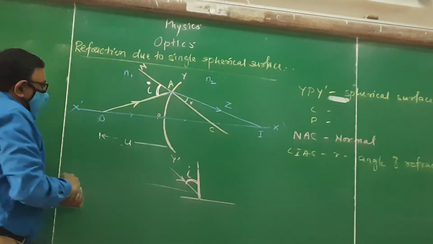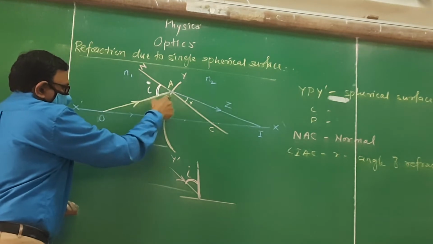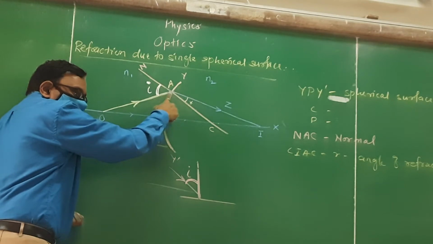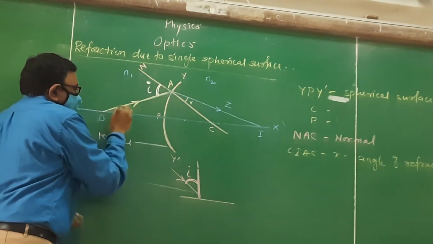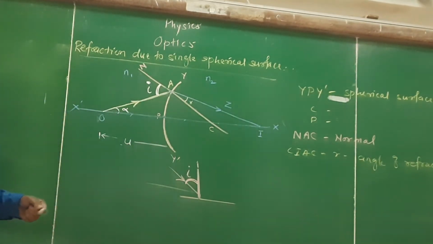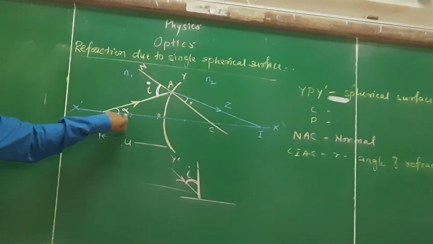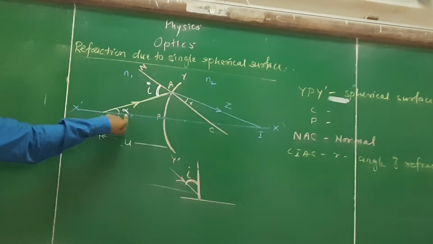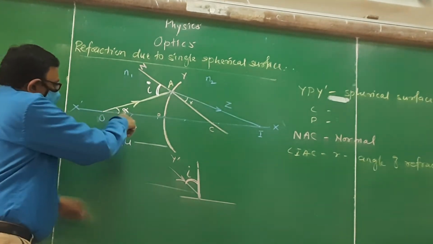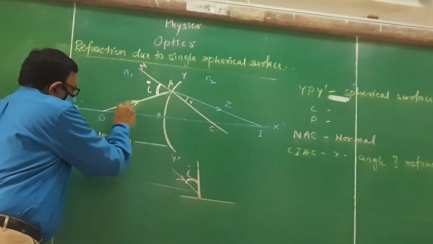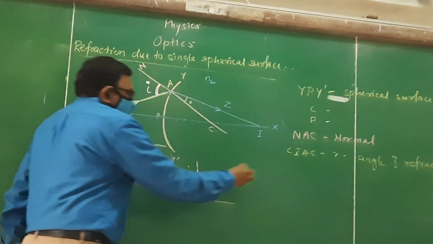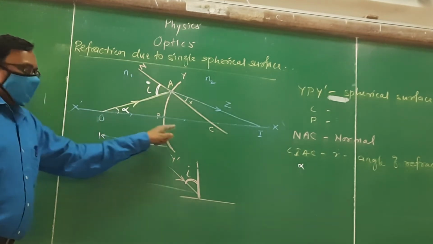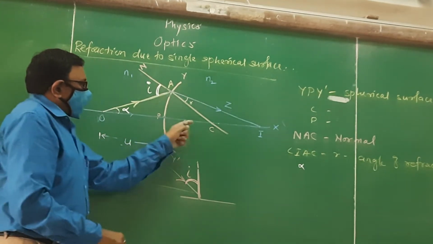All these rays produce certain angles. Let's see here, the angle made by the incident ray with the principal axis is termed alpha. Are you familiar with alpha, beta, gamma? These are Greek symbols that we use here. This one is angle alpha, the angle made by the incident ray with the principal axis.